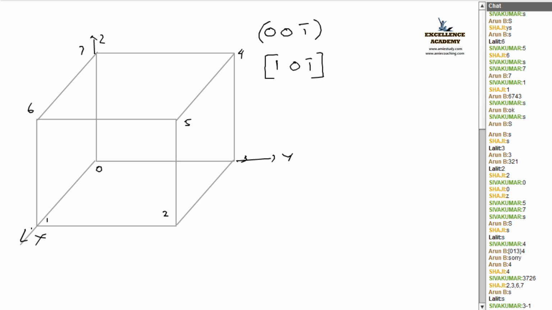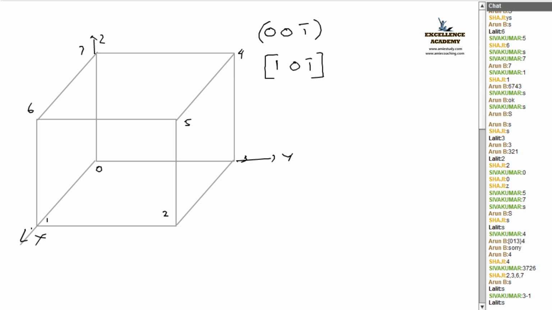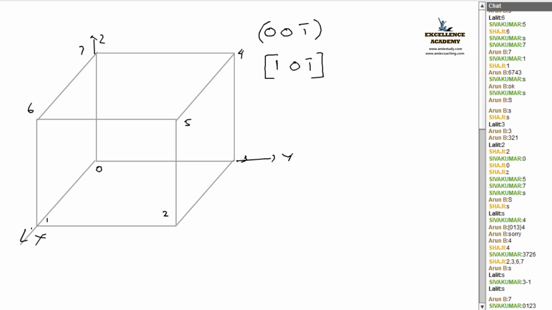Where is my origin? Yes, 7 is my origin. Agreed. Can all of you agree with that? Yeah, 7 is my origin. Shivakumar already gave you the answer: 0, 1, 2, 3. 7 is my origin.